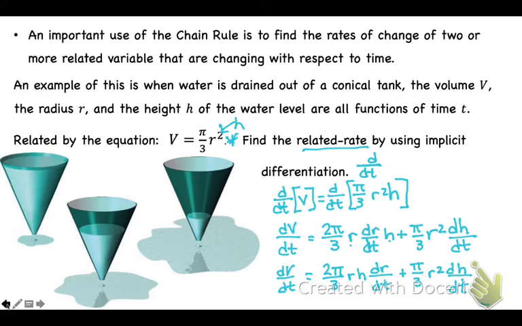If you want to factor out a pi over 3, some people like, I'll write it off to the side over the picture. It could be pi over 3 and then 2rh dr dt plus r squared dh dt.